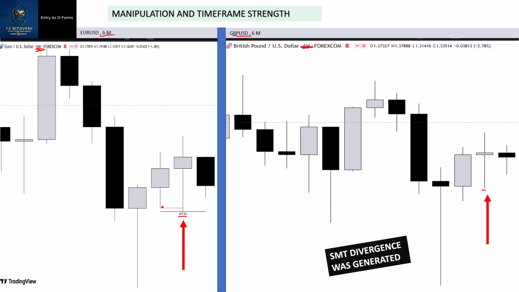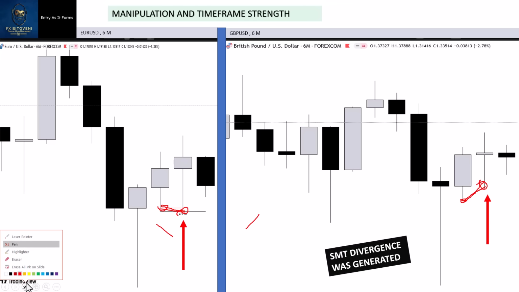This candle on Euro USD was purged, but here on the GBP USD, it was not purged, as you can see. This was purged, but here it was not. One is going down, another one is going higher. One is going higher, where another one was trying to go down, right? So this is what we call SMT divergence, right?